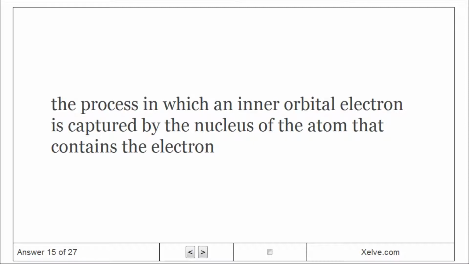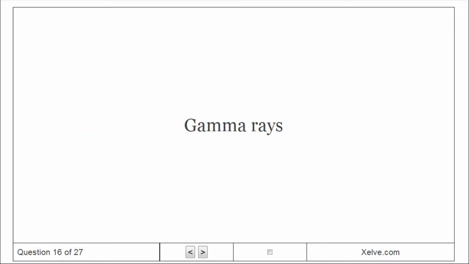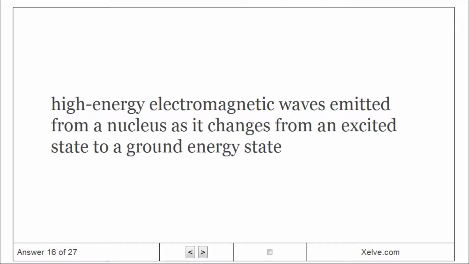The process in which an inner orbital electron is captured by the nucleus of the atom that contains the electron. Gamma rays. High-energy electromagnetic waves emitted from a nucleus as it changes from an excited state to a ground energy state.